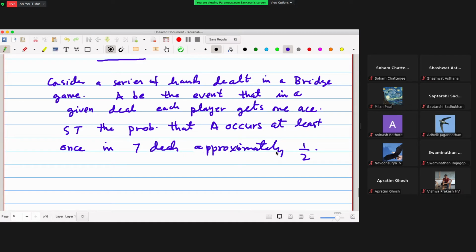In other words, this is a bit of a surprise that in just 7 deals, the probability of each person getting one ace in at least one of the deals is half. Okay, that's indeed a surprise. There is also this birthday problem.